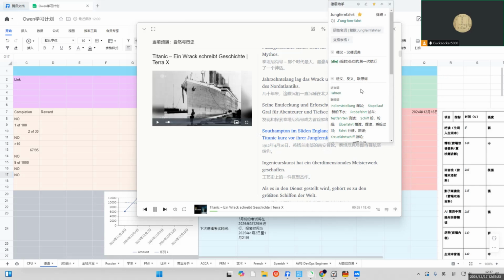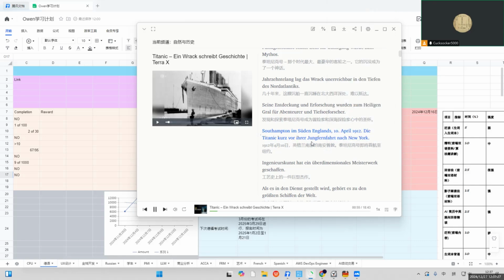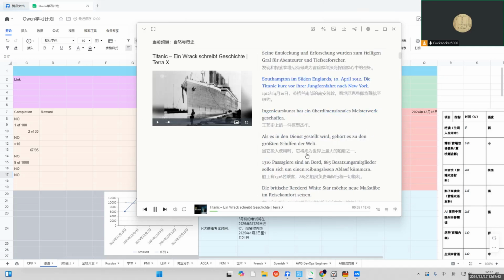I think it's Virgin ride, right? Vor ihrer Jungfernfahrt nach New York. Die Titanic kurz vor ihrer Jungfernfahrt nach New York. All right, so next sentence.